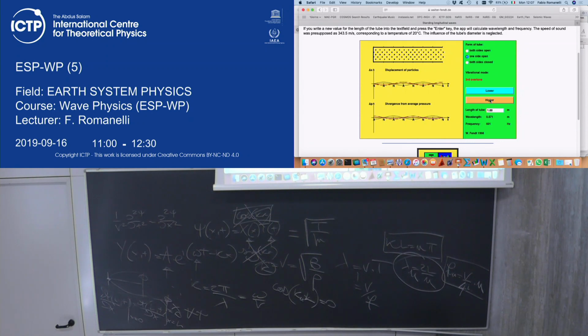What about the wavelengths? Please remember, here it is not so evident. But maybe yes. Now look at this plot in terms of displacement. You can imagine that to complete the wavelength, you have to go for 4 times the length. With the flute, you need 2 times the length.